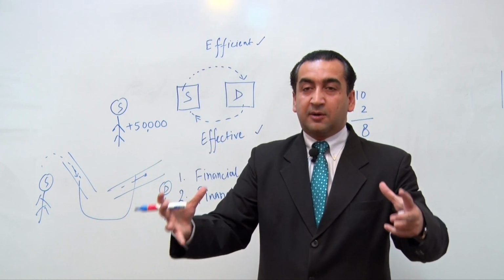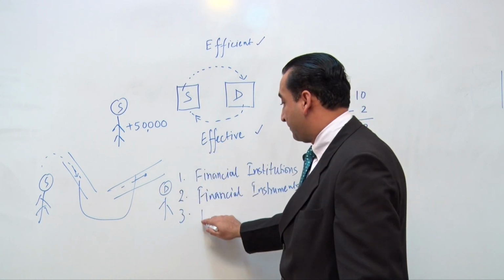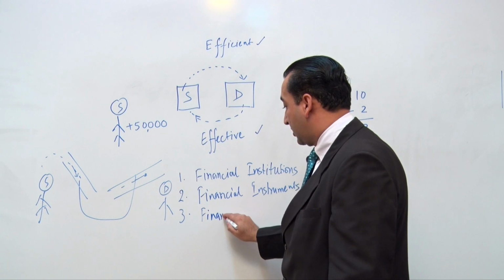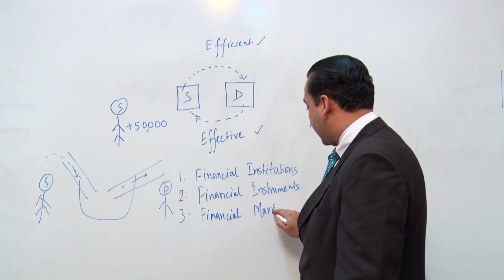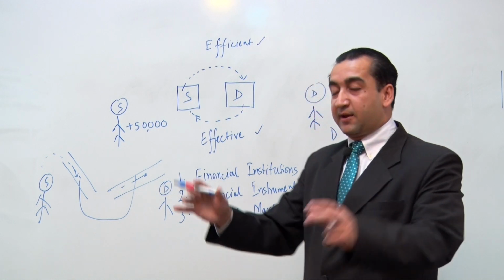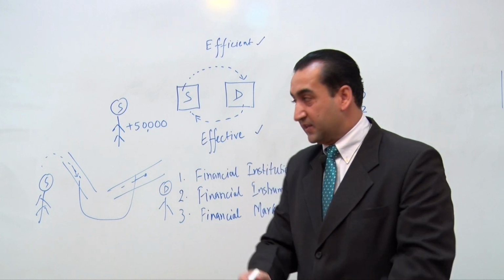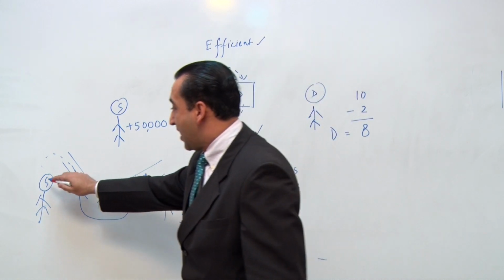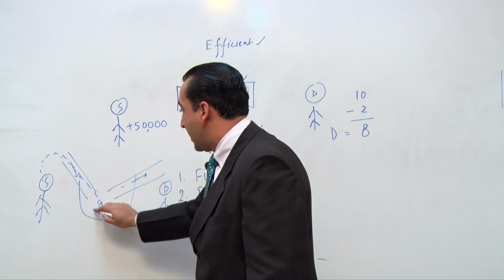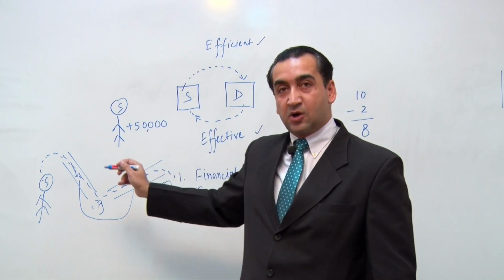And the moment a buyer and a seller come closer, a financial market is formed. Financial market technically means where buyer and seller meet for a particular product or service. Here it is money. So when the supplier, that is the surplus, and the deficit come together, we understand the system gets going.